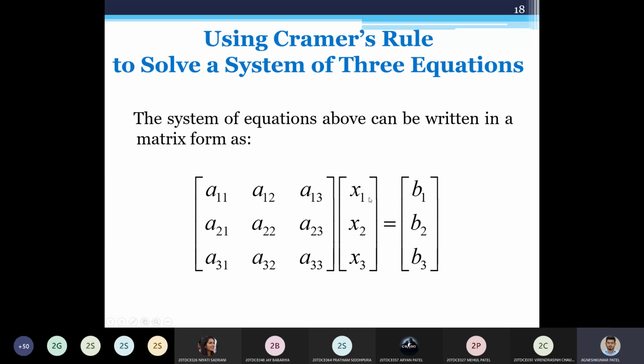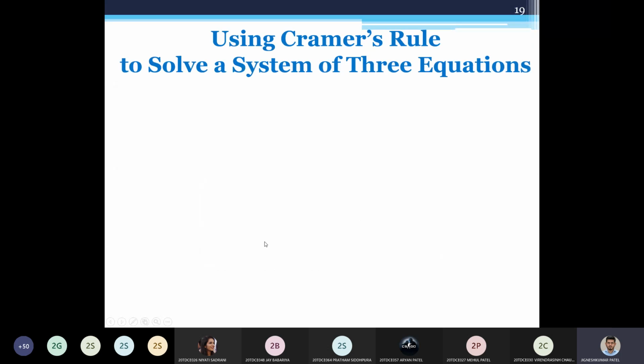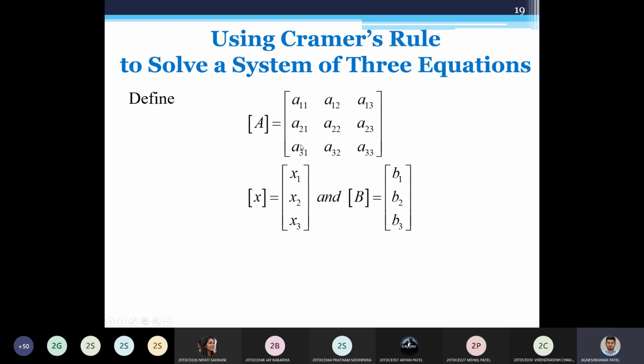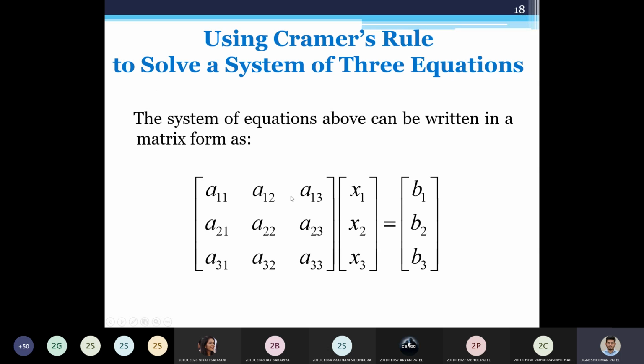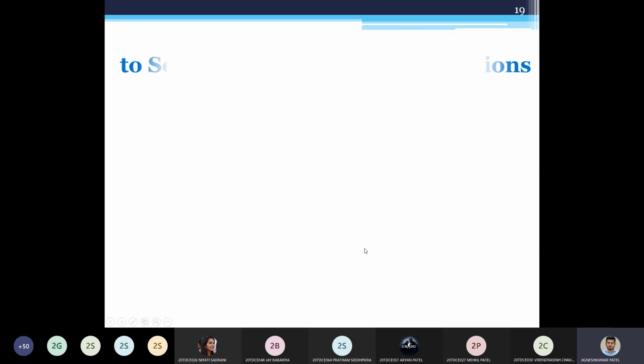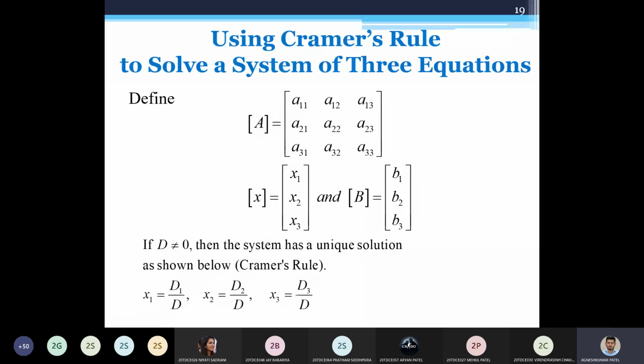Now to find the values of X1, X2 and X3, I have to find the determinant of this A, B and X. I have declared this as A, this is my B and this is my X. X is the unknown. I want to find out X.